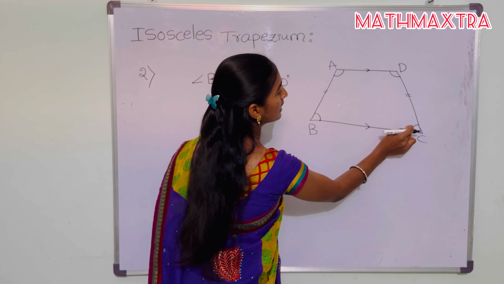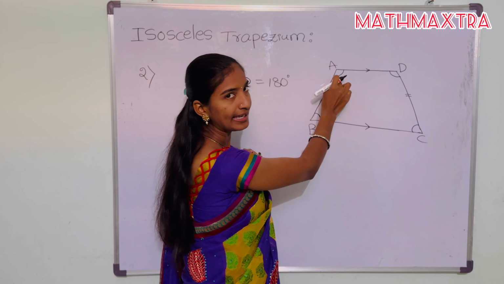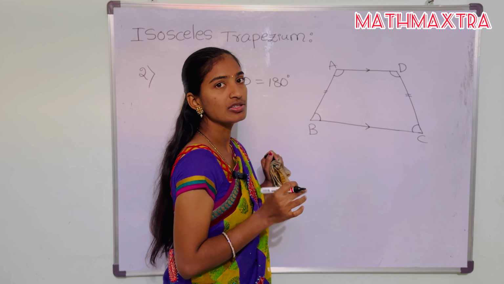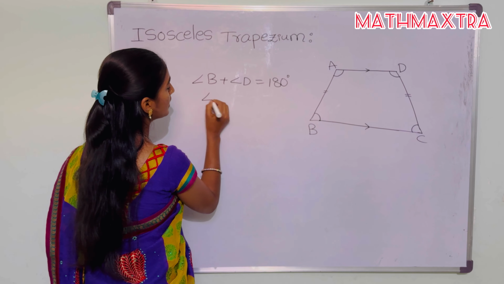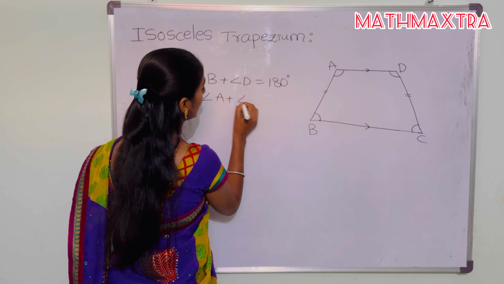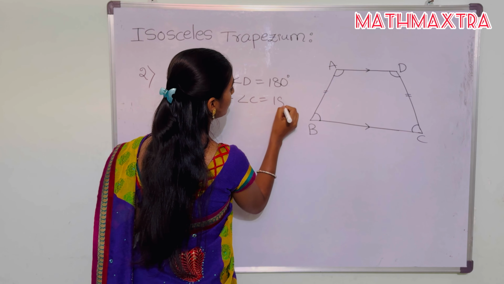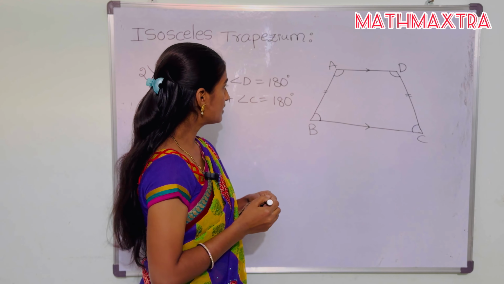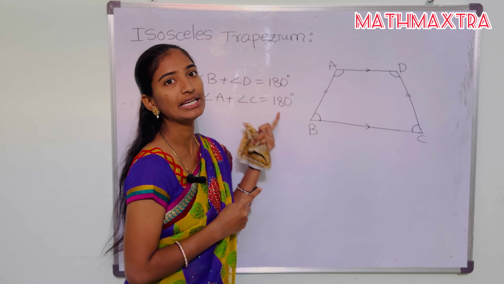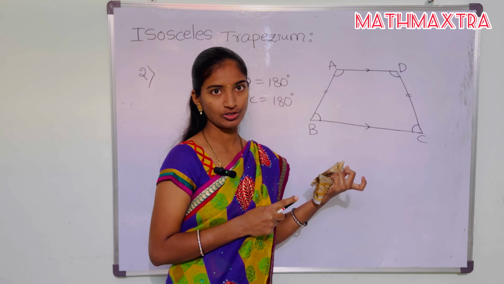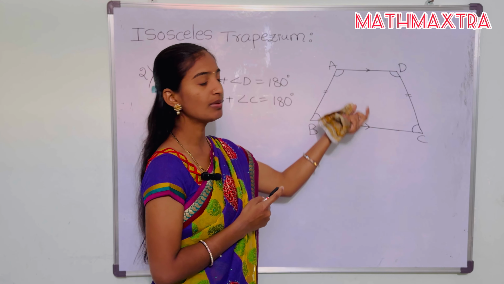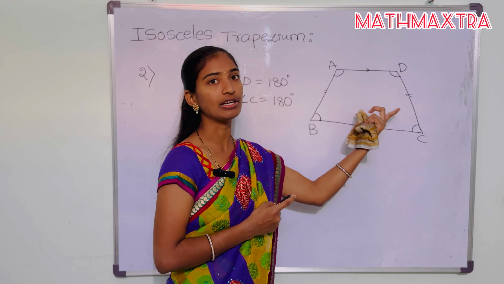As well as angle C and angle A are also opposite angles. Those two angles are also supplementary, angle A plus angle C equals 180 degrees. See, this is not possible in case of a normal trapezium. That is only possible in case of an isosceles trapezium because the non-parallel sides are equal here.